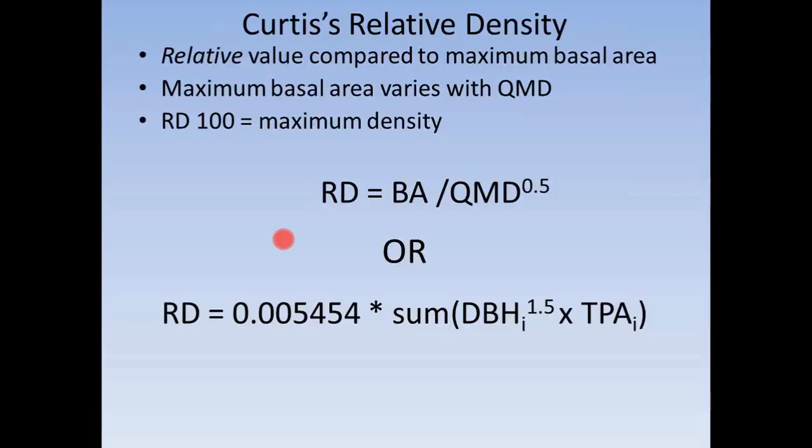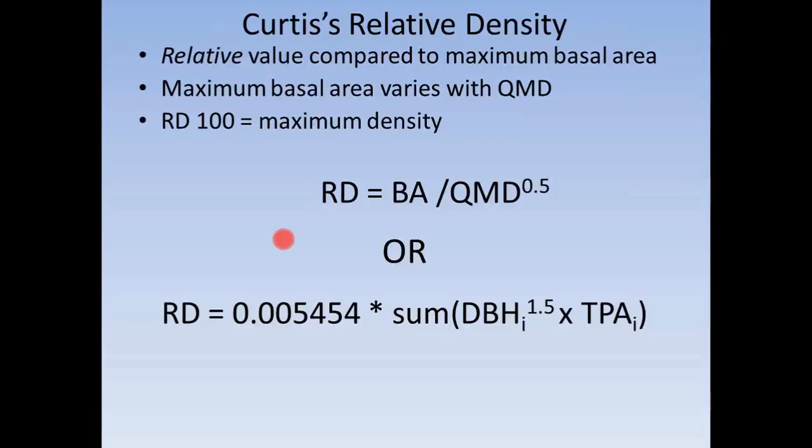So Curtis's relative density. I'm not going to go into too much of the math that he presented, but we can think of it as a measurement of basal area compared to the maximum level of basal area. So it's almost as if we're taking Reineke's line and doing something like Gingrich did, where he had percent stocking levels reaching that 100%.